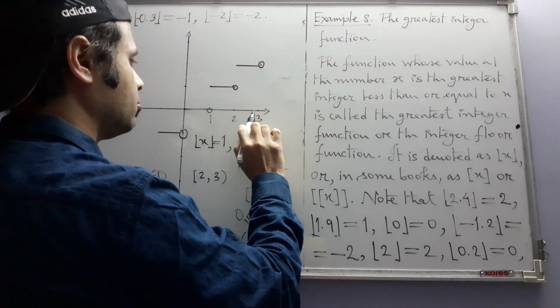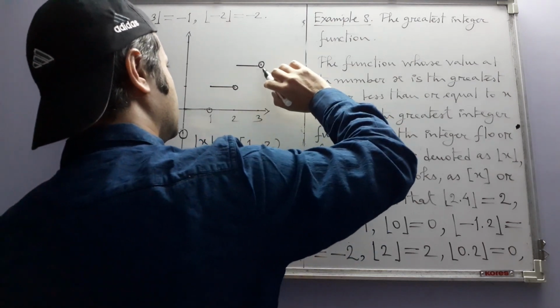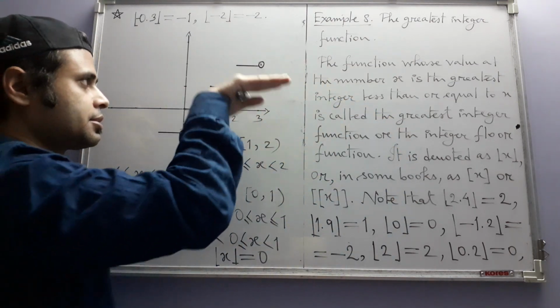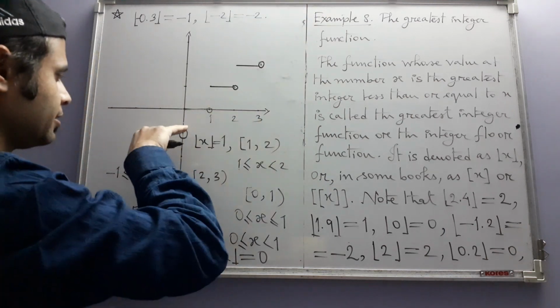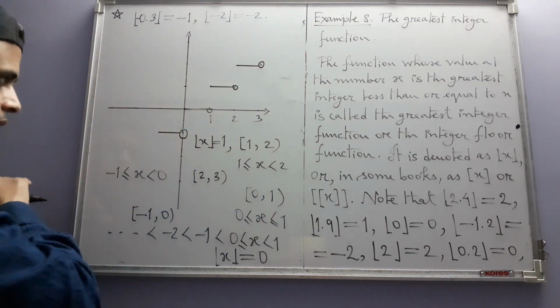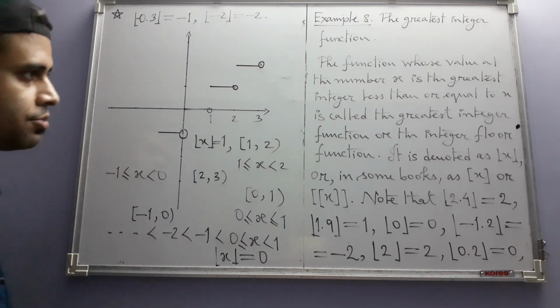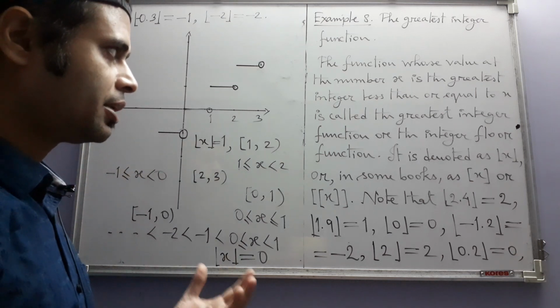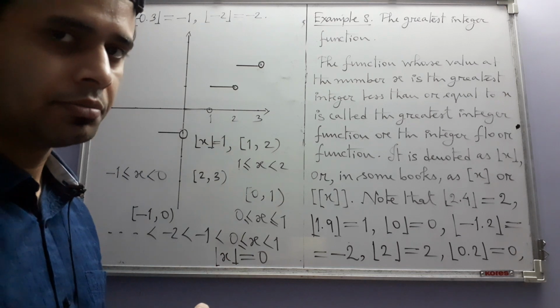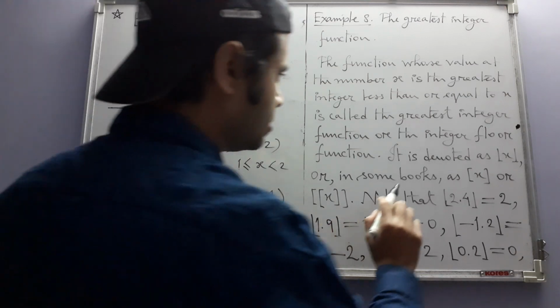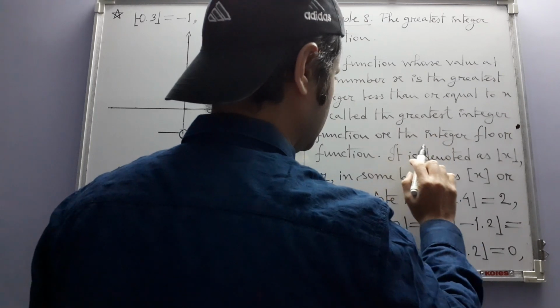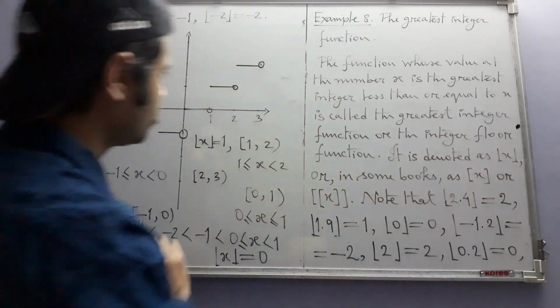If you go to higher values of x, you will have other steps like this, and if you go to the negative side, the steps will descend. So that is why it's also sometimes called step function. And see, integer floor function.